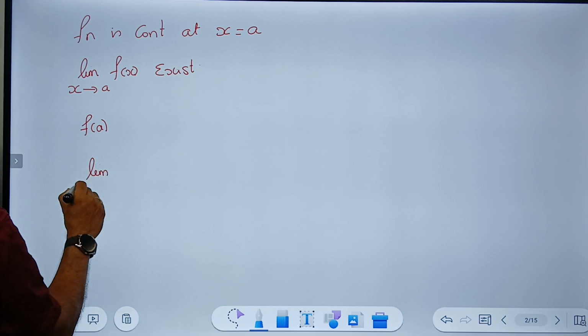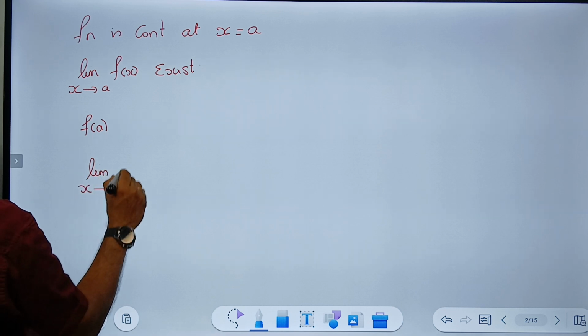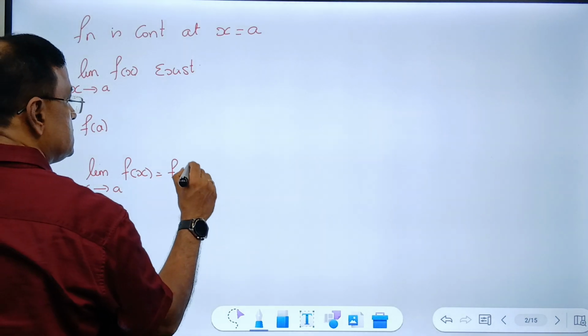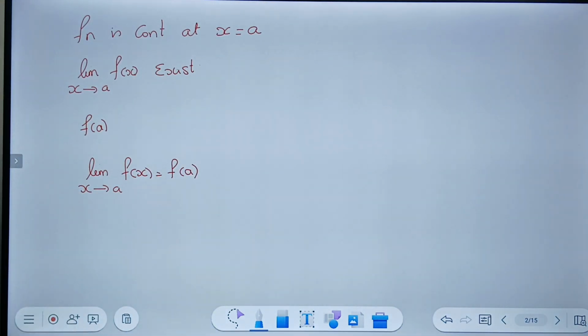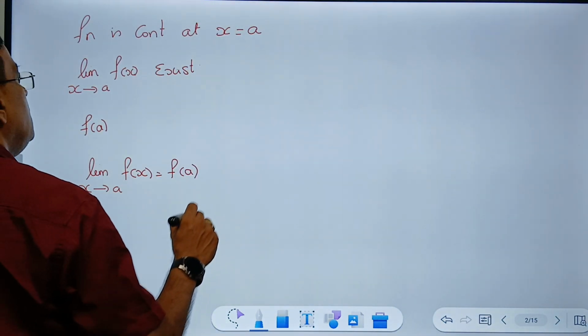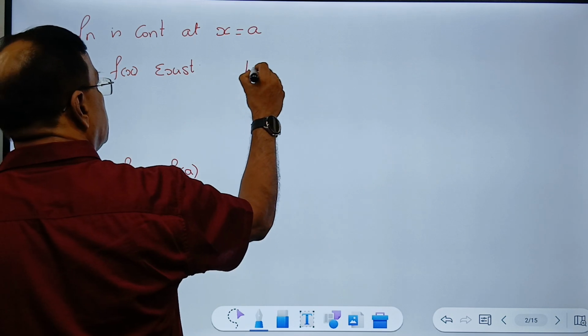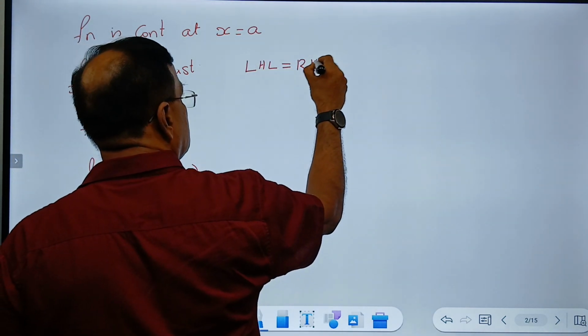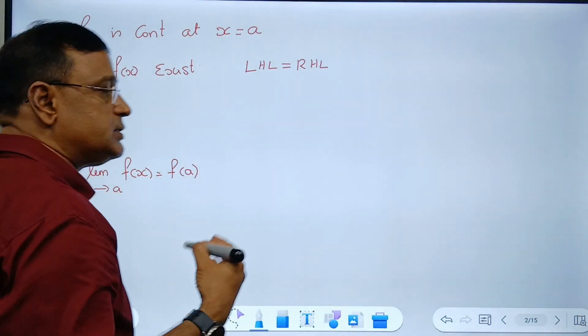These three conditions should be satisfied. If all these three conditions are satisfied, you can conveniently say the function is continuous. Now, the limit exists when LHL is equal to RHL. In the course of the problem we'll see how to go about it.